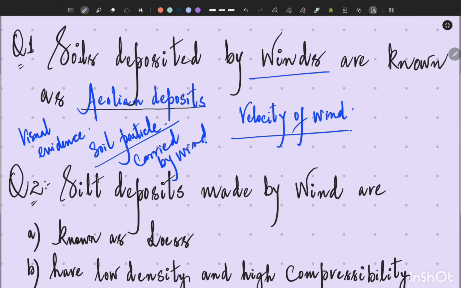All those deposits wherein wind plays the role of transportation agent and gets the soils deposited far away from their parent rock are known as aeolian deposits.